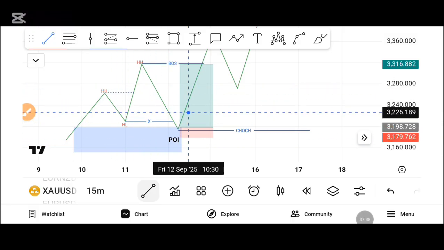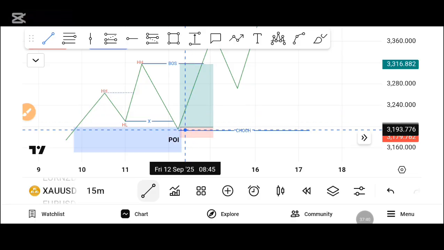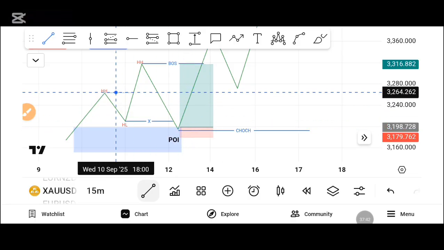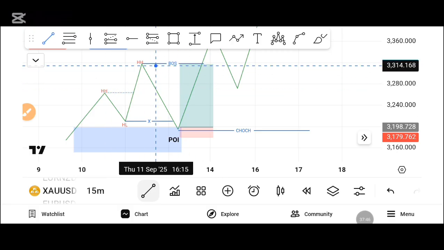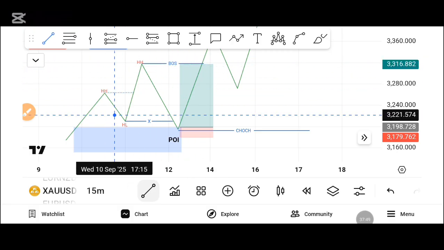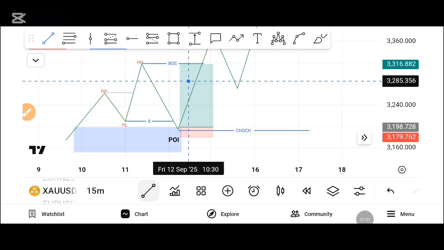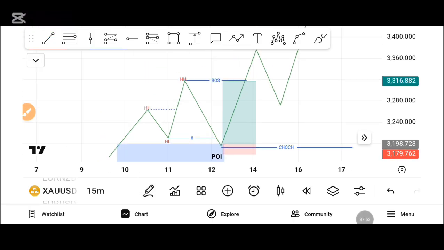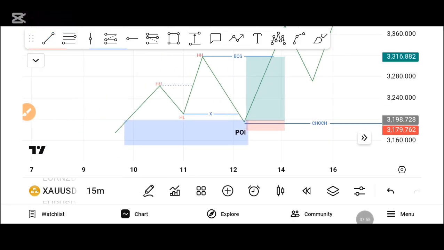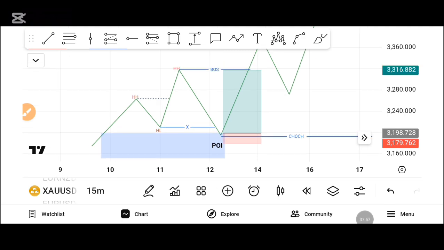There are two types of break here. First, we have a break of this high, and second, we have a break of structure. These two are different. Please pay attention.